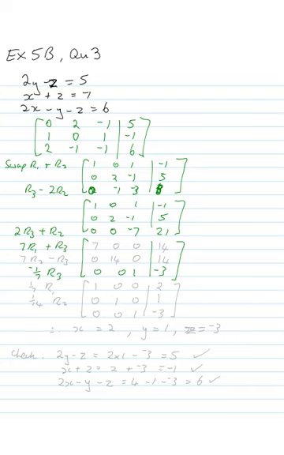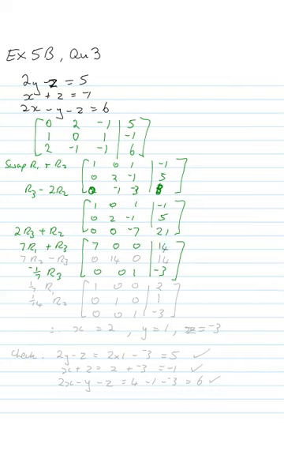So that will give me 7 in the first position, a 0 in the second position because these two are already zeros, and then 7 times 1 is 7, add on the -7 we get 0 here, and then we'll have -7 plus 21 will give us 14.